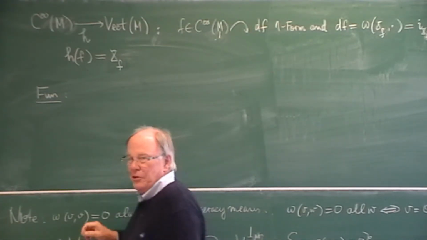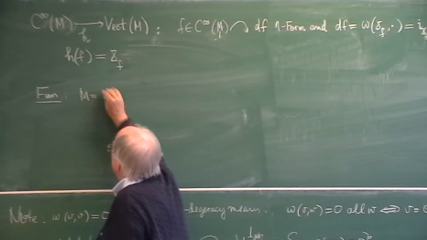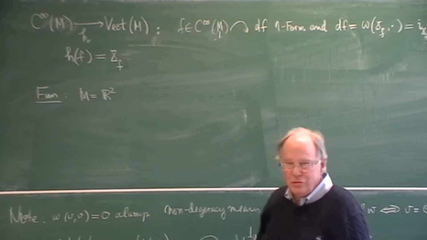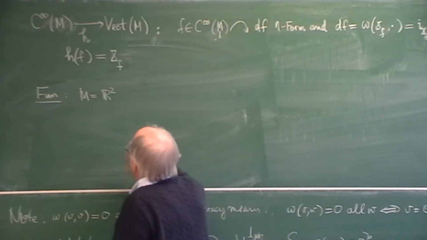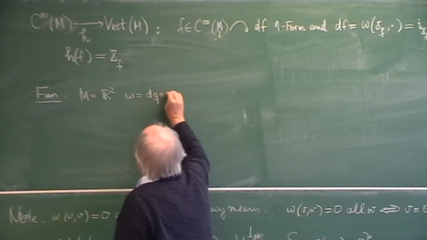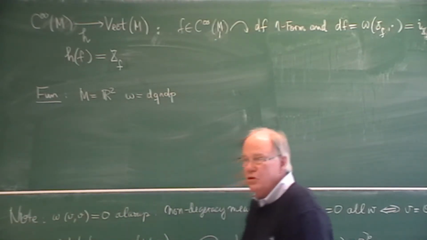Okay. So let's take M to be R2. Already this example of R2, the two-dimensional vector space, is nice, because omega is really just now dq dp. These are the variables of R2, those are just a pair of coordinates.